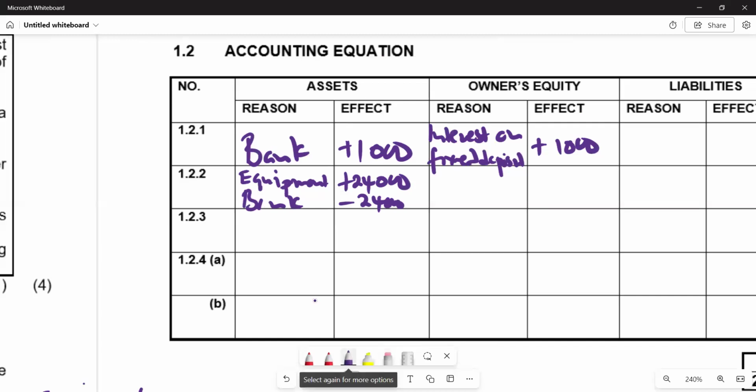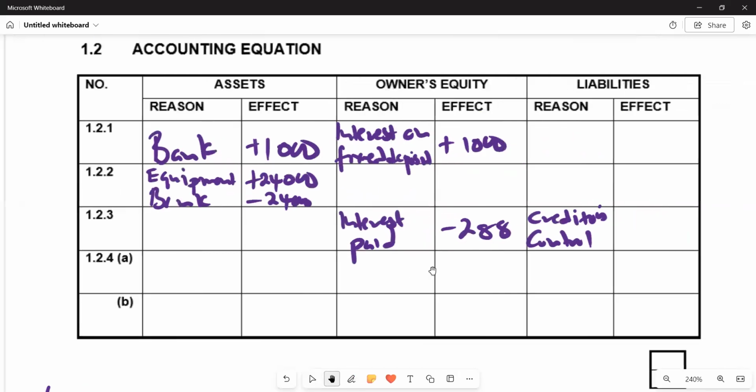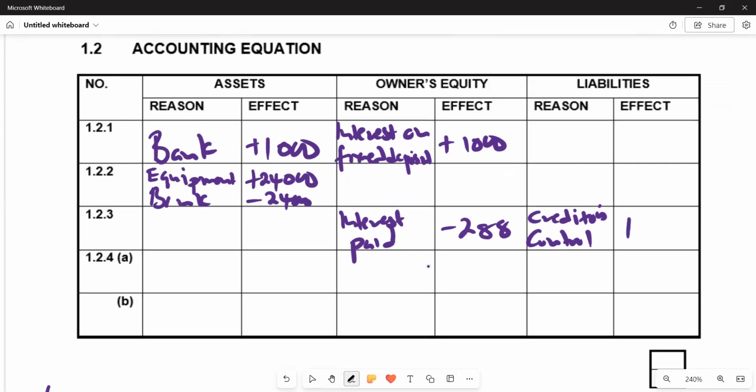Remember, I said it's going to affect the income statement. So you've got interest paid, and we're going to have a negative 288. And also on liabilities, it's going to come under creditors control. The effect that we are going to have on creditors control is a liability. We're going to have a positive 288. So this is what we have in terms of 1.2.3.